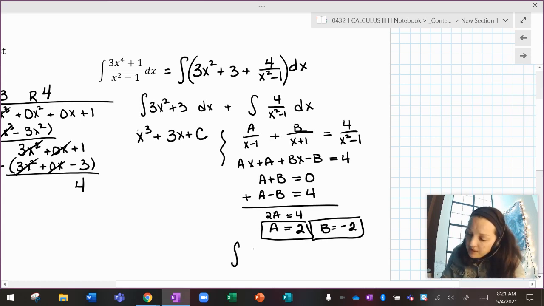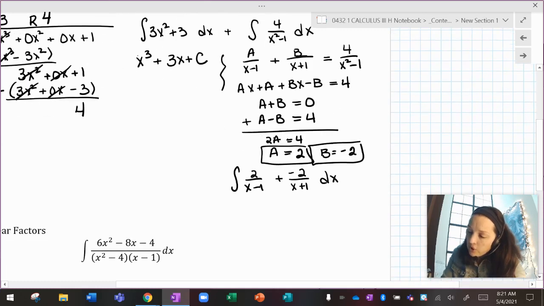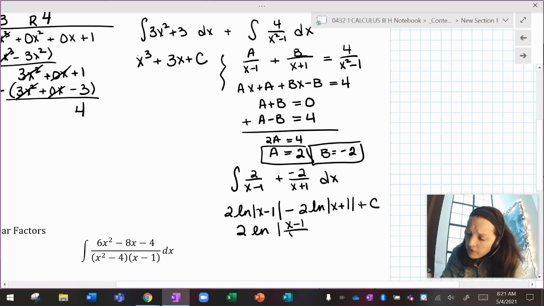So then this is the integral of 2 over x minus 1 plus negative 2 over x plus 1 dx, which becomes 2 ln x minus 1 minus 2 ln x plus 1, which becomes 2 ln x minus 1 divided by x plus 1.